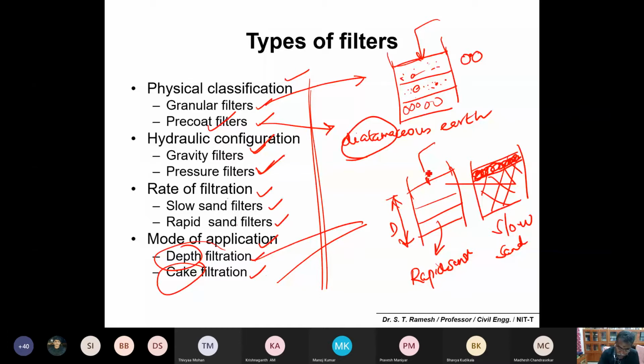You just reverse the flow, allowing pressurized water to flow from bottom to top, so the settled flocs or solid materials are taken away and collected at the top. That you can simply call cleaning. So the filter operates top to bottom, and during cleaning you reverse the flow.